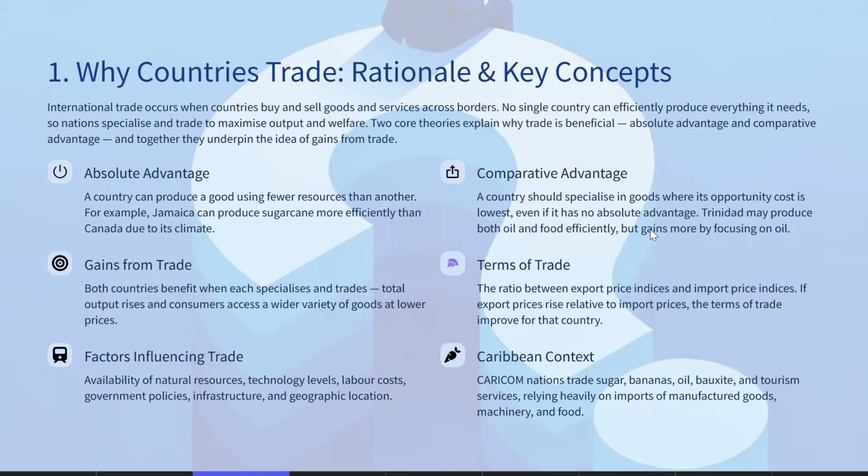If the prices of your exports change around the same rate as the imports, that is good.